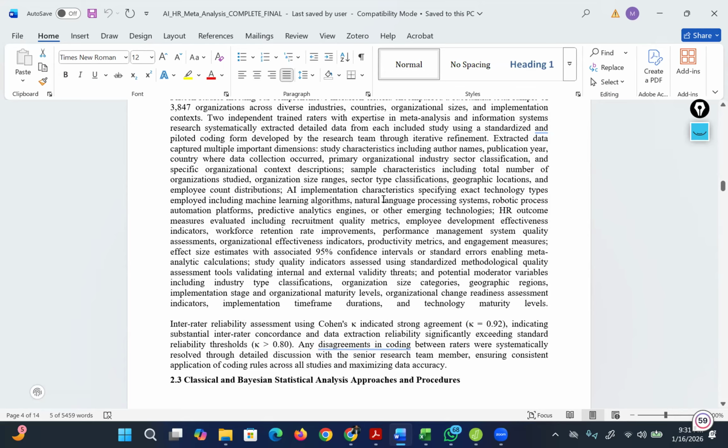So in my opinion, 20 studies is sufficient. Some good journals also publish fewer than 20 studies, but not fewer than 10 studies. That is not comprehensive.